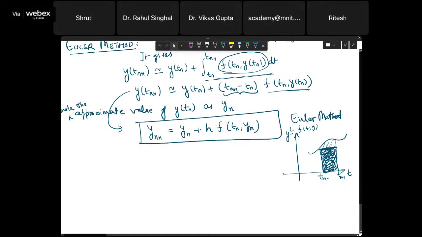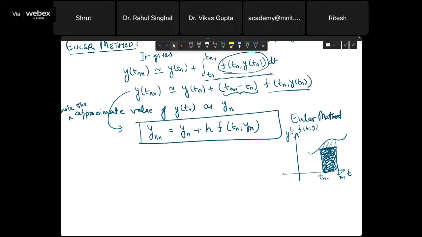In another way, geometrically, this method can be understood as follows. This is the t-axis, and now I'm taking y over here.